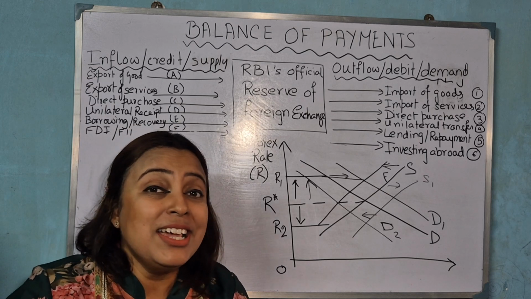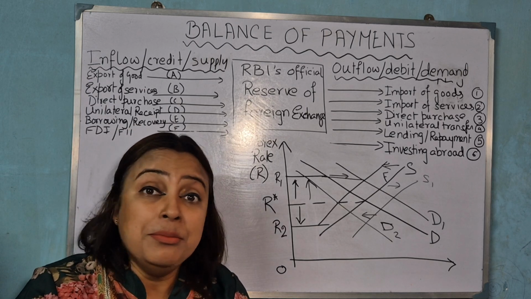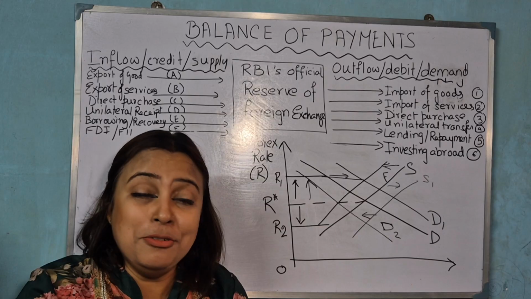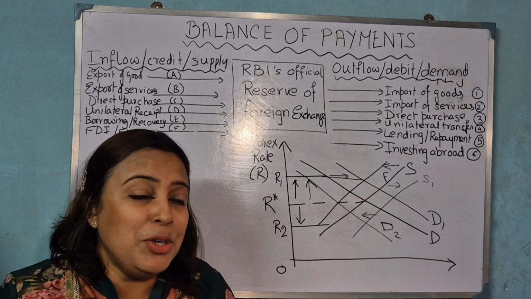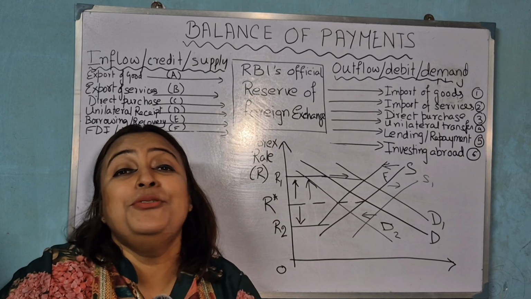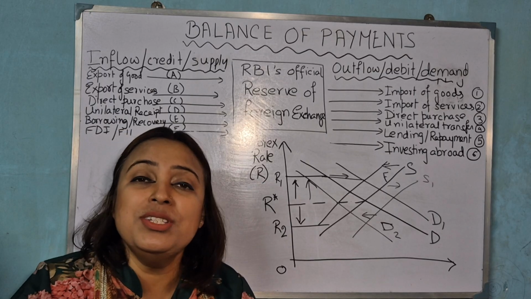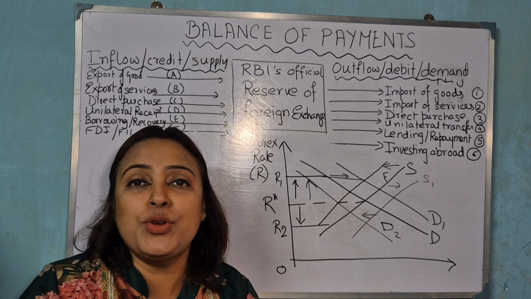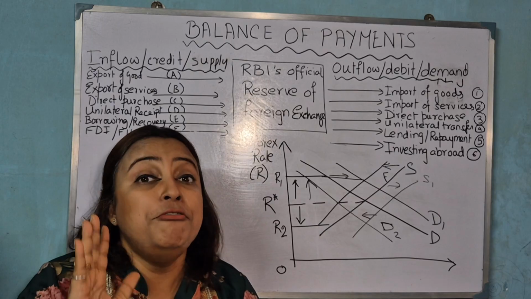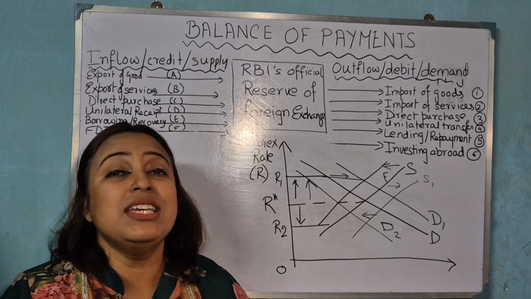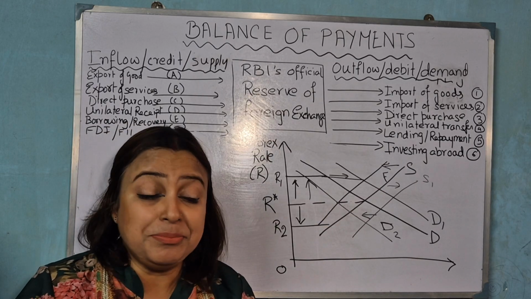As we have studied, devaluation of the rupee, RBI did it deliberately in order to check the BOP deficit, and also to signal that RBI will no more poke its nose into the determination of the foreign exchange rate. It will be completely following the flexible exchange rate system determined in the international market.